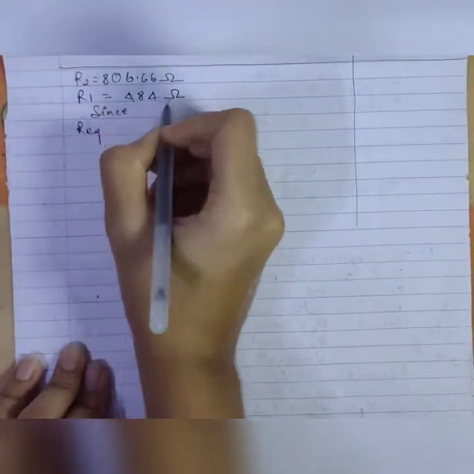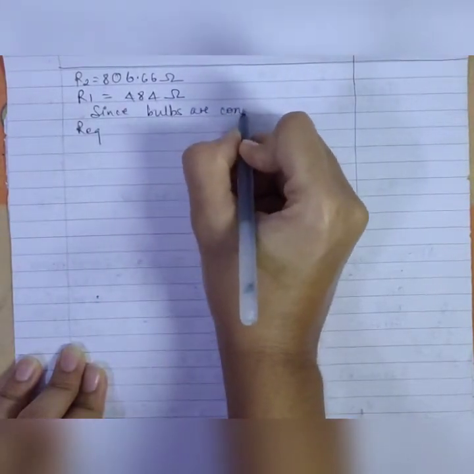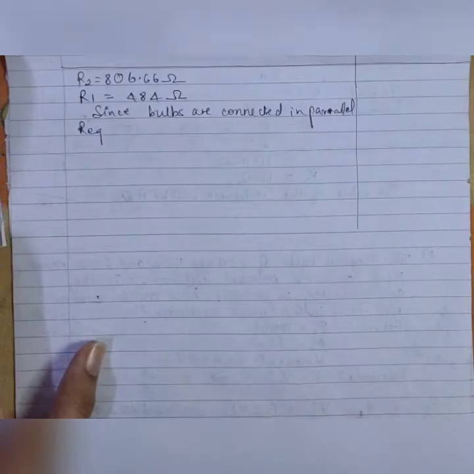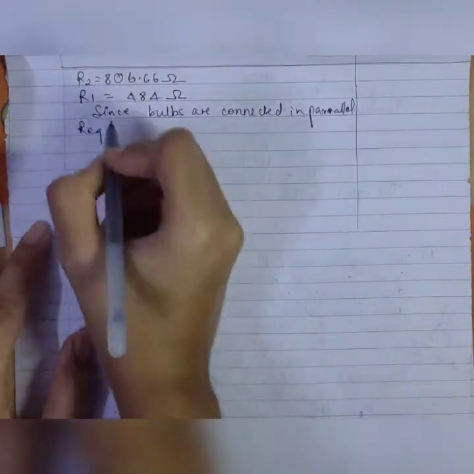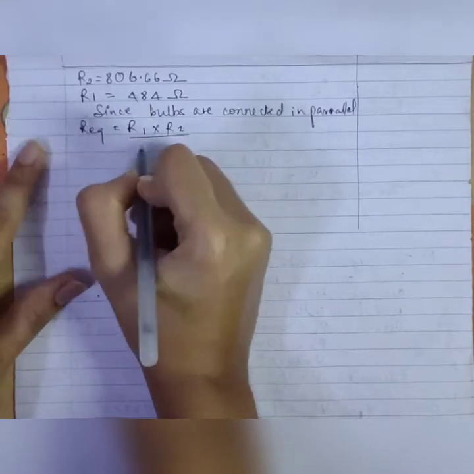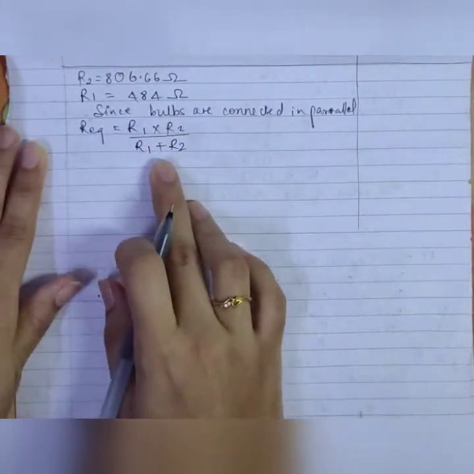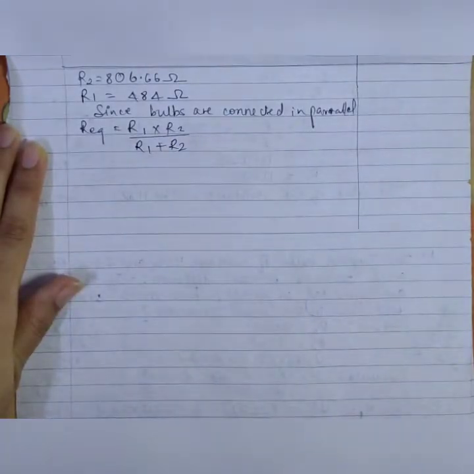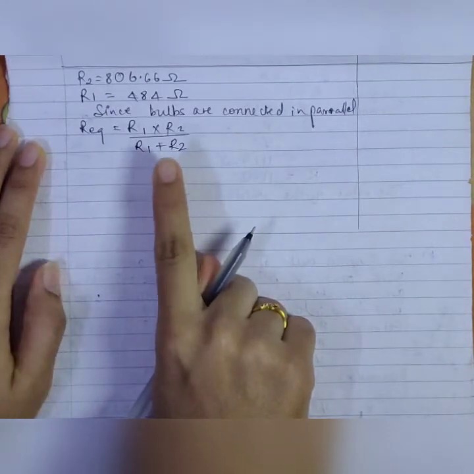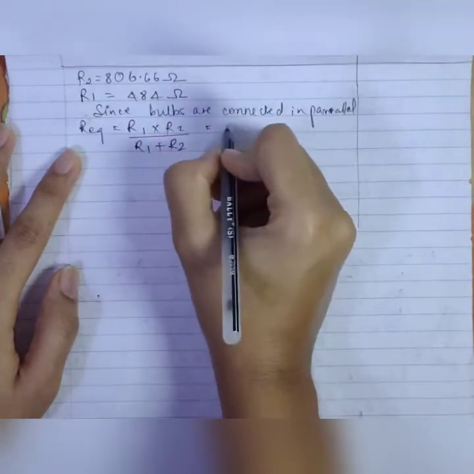Since the bulbs are connected in parallel, R equivalent will be R1 into R2 upon R1 plus R2. Now, you have to do this calculation very, very carefully, because if you make a mistake here, your entire sum is wrong. Okay. So let's do this calculation. What is my R1 and R2?